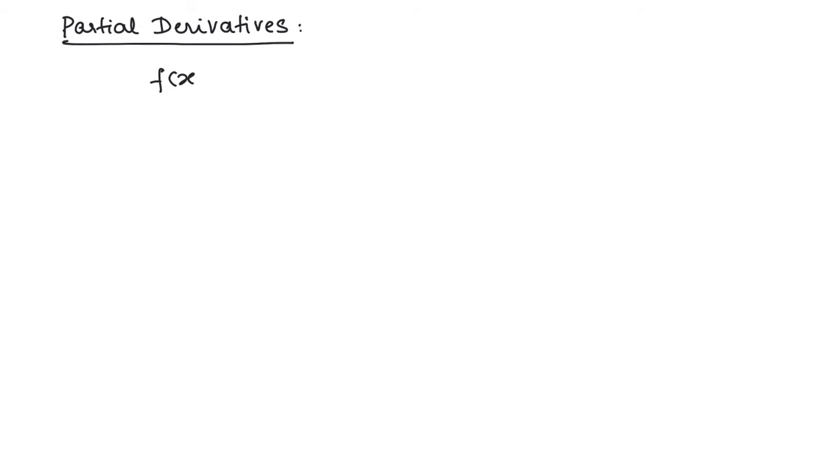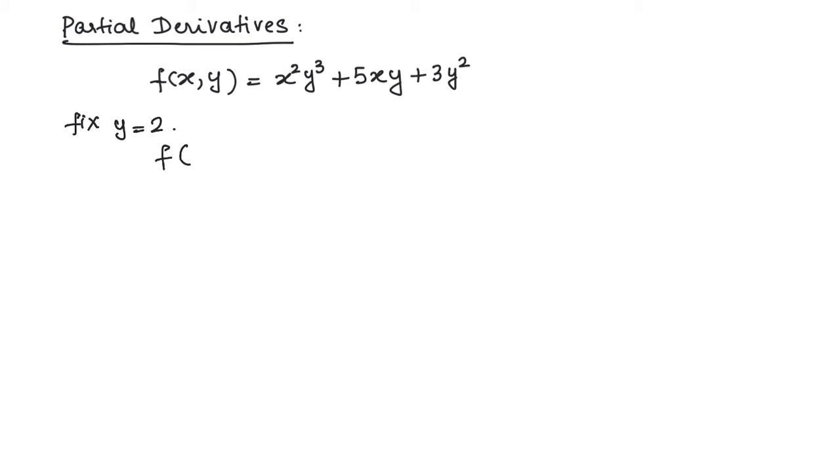First, consider a function of two variables. Suppose we fix y at 2. Then this function will become x comma 2, and this y will be 2. Then this y is 2 again. Okay.